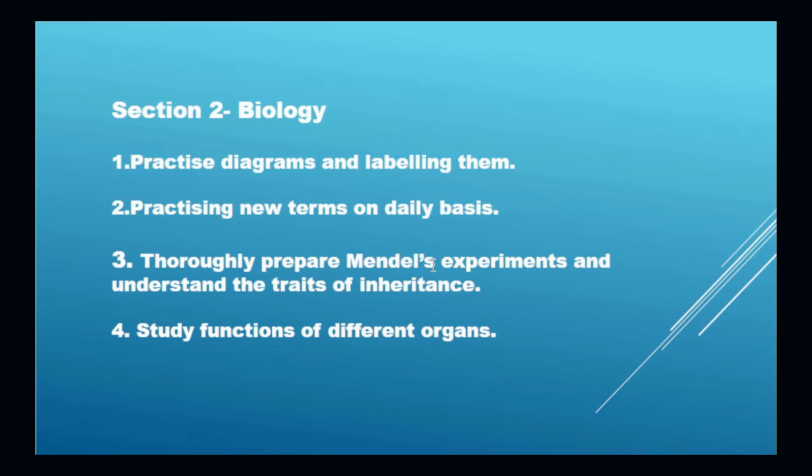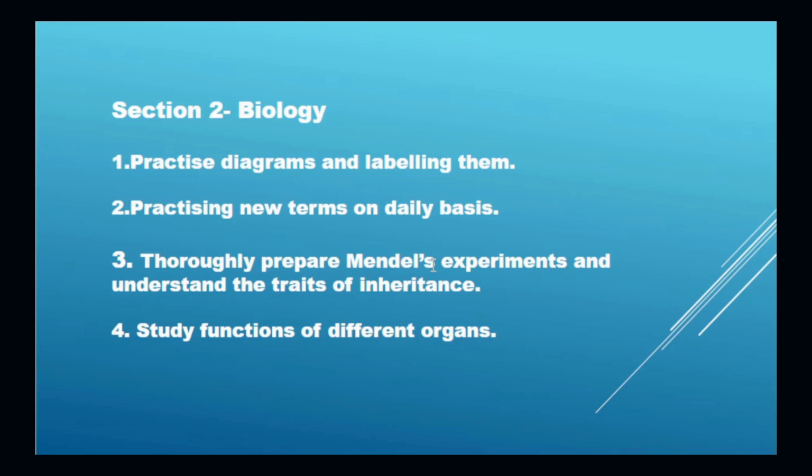Then also from the life process chapters, in the body you have different organs, so you need to know how each organ functions. For example, they may ask you to draw a neat diagram of the heart, label it, and also explain the procedure of circulation in the heart.